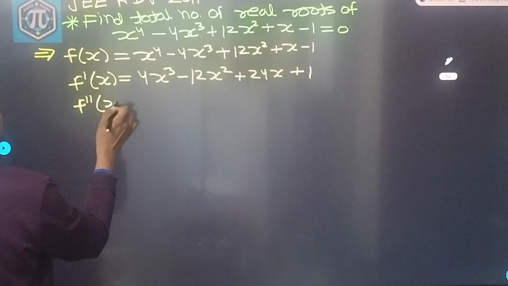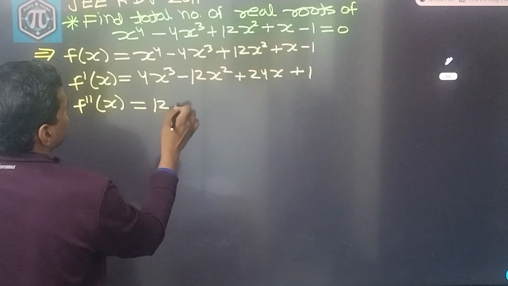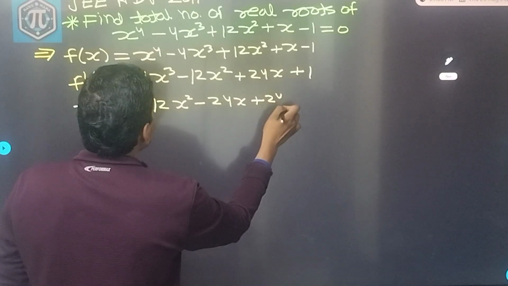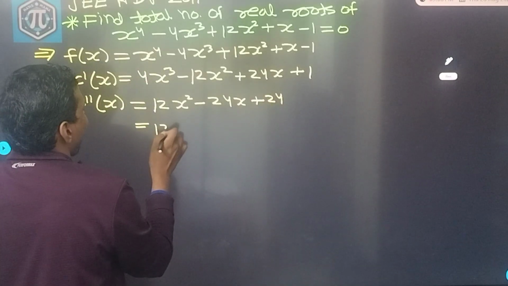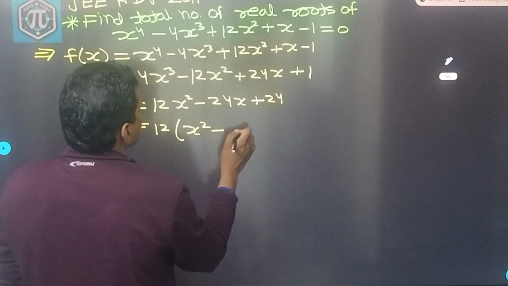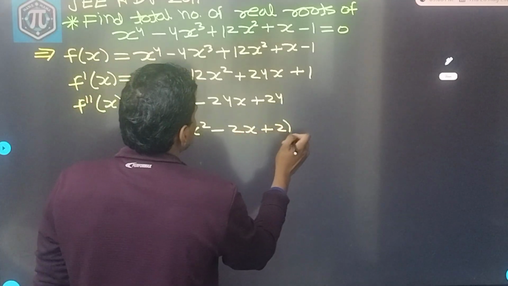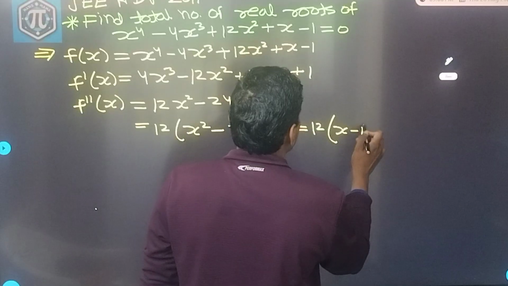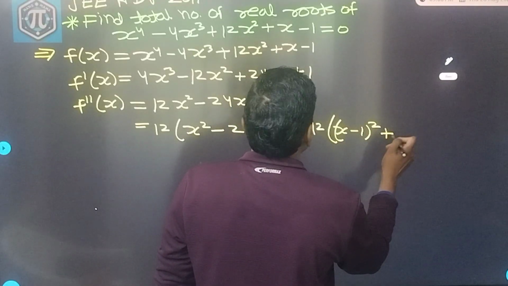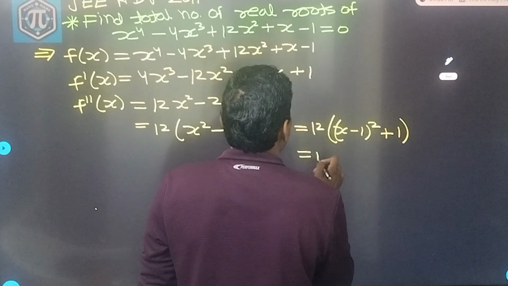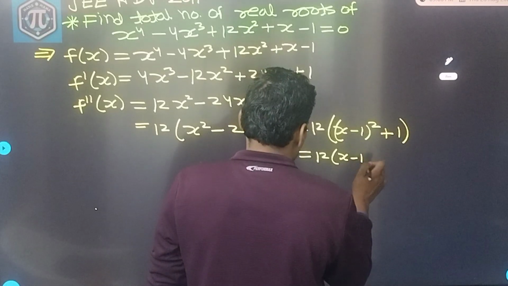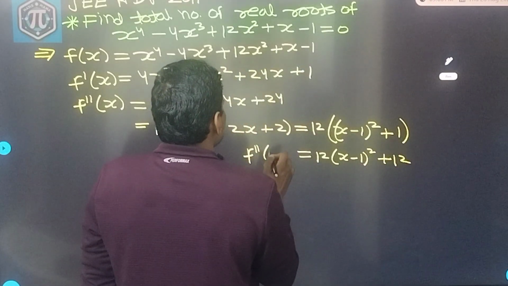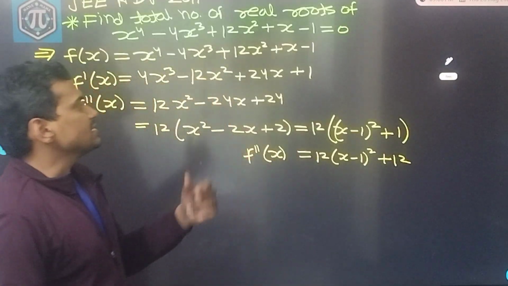Next, second order derivative. So see, second order derivative is this.